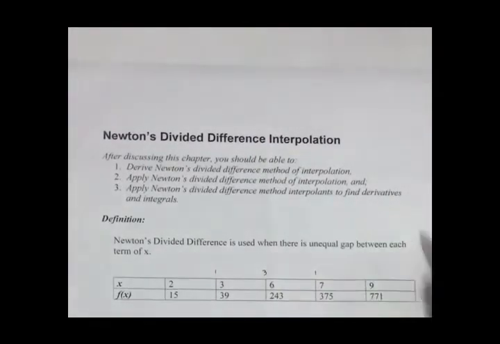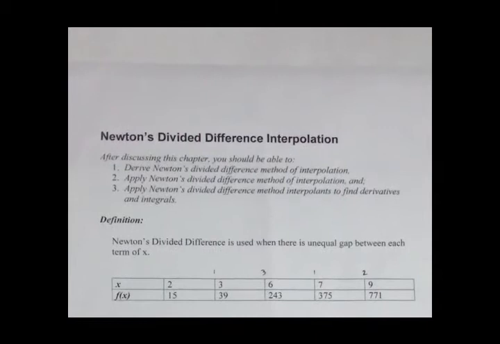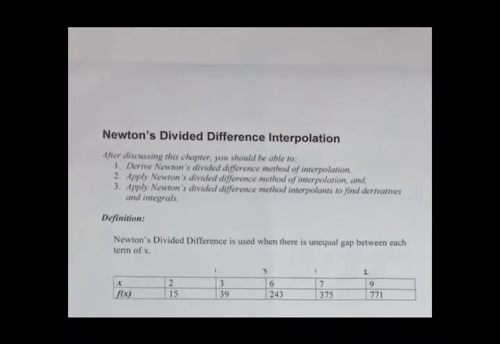And 7 is 9, gap nila is 2. So, makikita mo agad na ang laki ng gap nila from each other. Hindi siya sunod-sunod. Kaya, para malaman natin yung specific term na kailangan nating mahanap, pwede natin gamitin yung Newton's divided difference.